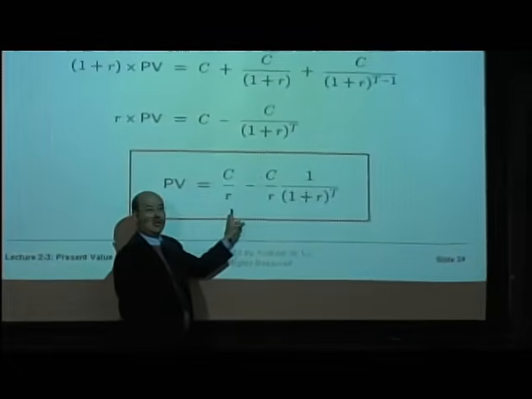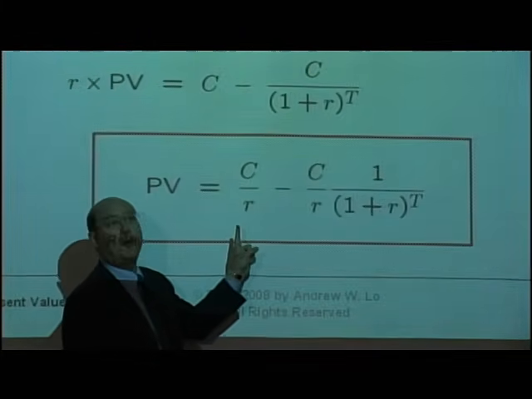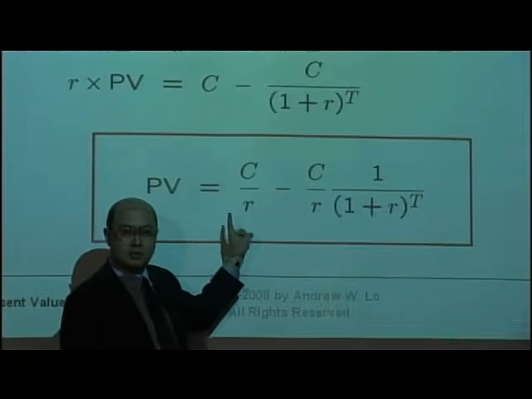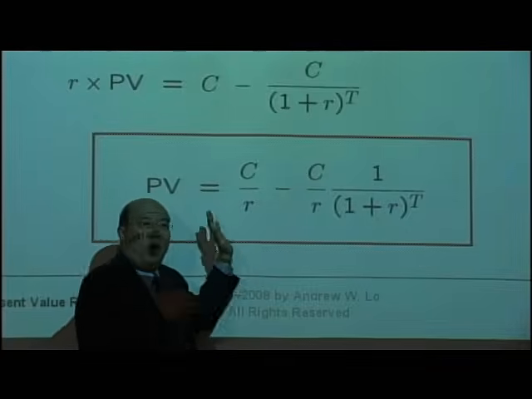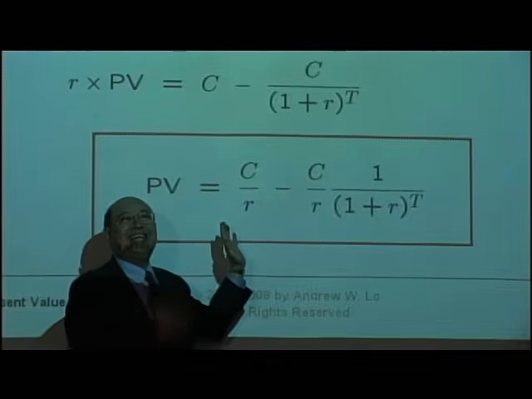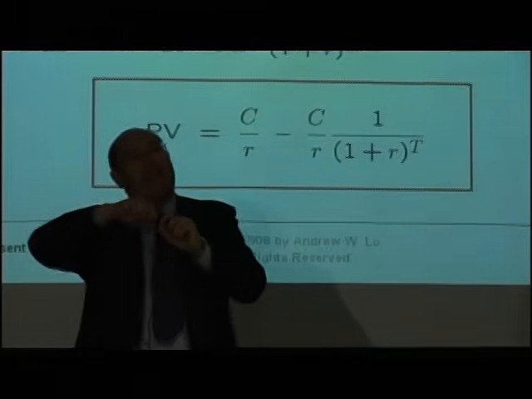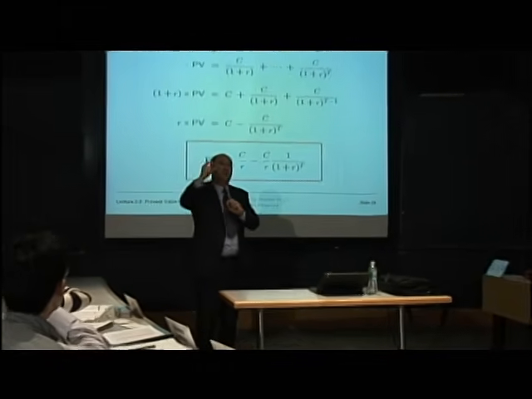This is what it costs to purchase the perpetuity today, right? C over R, that's what it costs to purchase the perpetuity today. And you're going to hold on to that perpetuity for T periods, and at date T plus 1, you're going to sell the perpetuity.